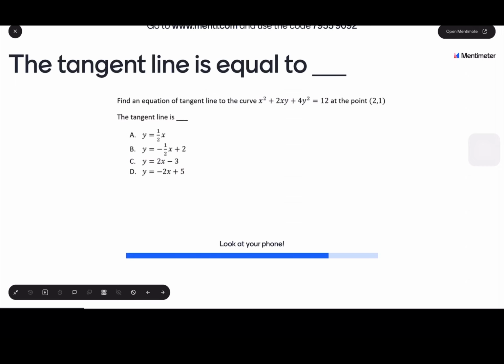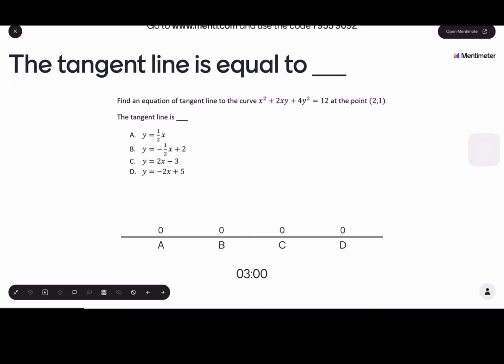Oh yeah, one is implicit. All the options, if you plug in the point, will be the same. So you need to find the tangent line first. I think you need to find the slope first.